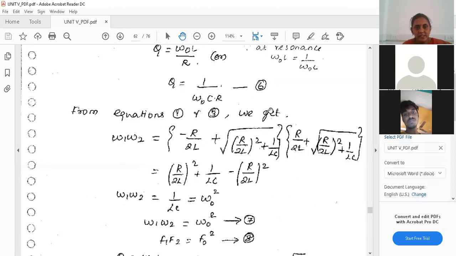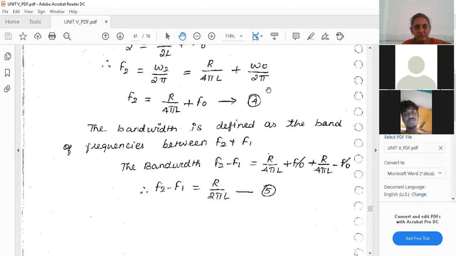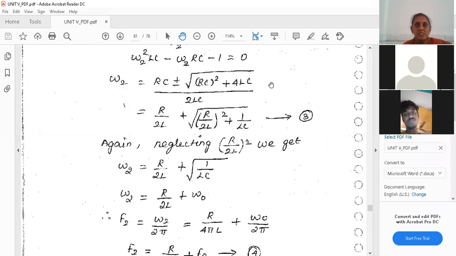Series resonance is clear. We will continue with the parallel resonance, which has the just opposite effect to that of the series resonance.